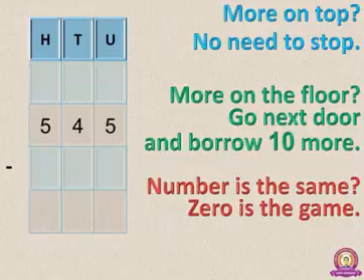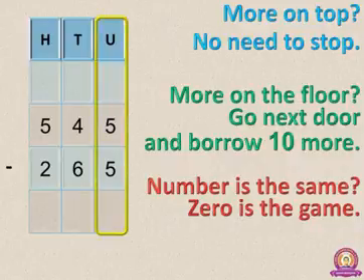545 minus 265. As always, we will start subtracting the numbers in the units column. 5 minus 5. Do we have more on top? No. Next question.